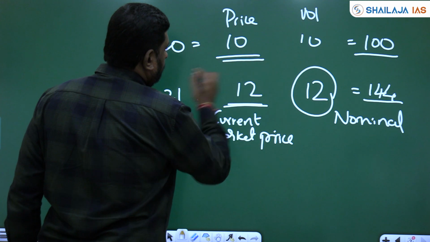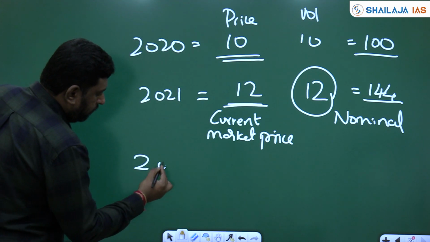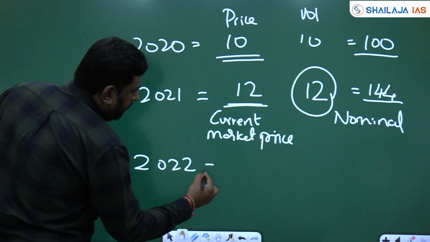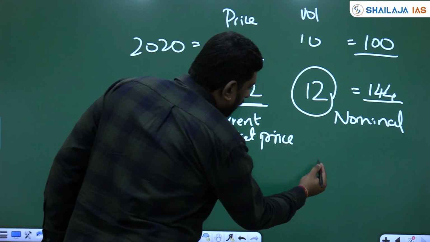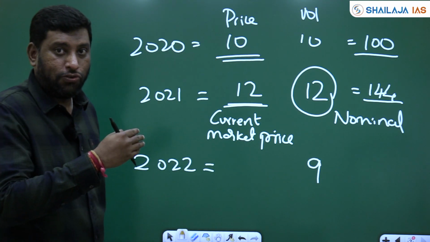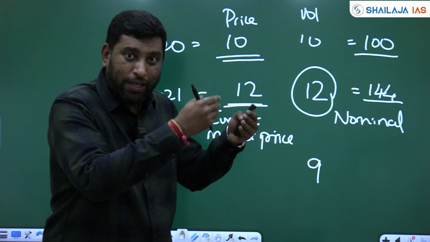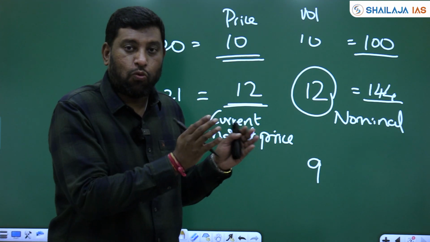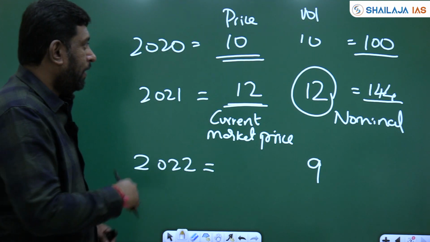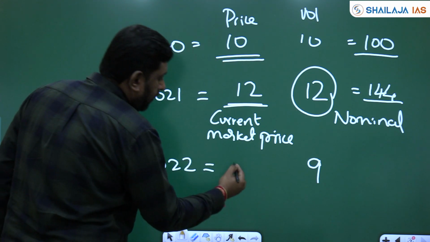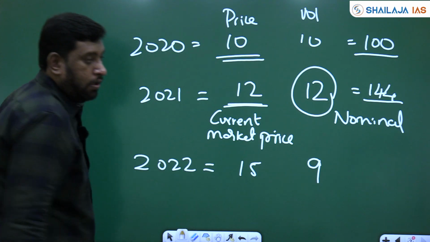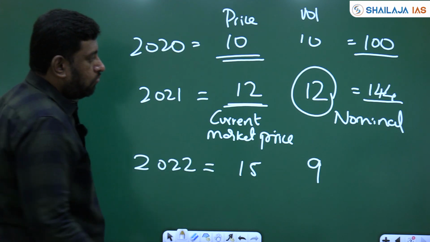For example, I'll tell you, in 2022, the volume of goods can come to around 9 units. The actual amount of goods and services produced in an economy can decrease. The volume or the quantity of it can decrease. But the price has increased due to various reasons. The price might have gone till 15. So 15 into 9, it is going to become 135.